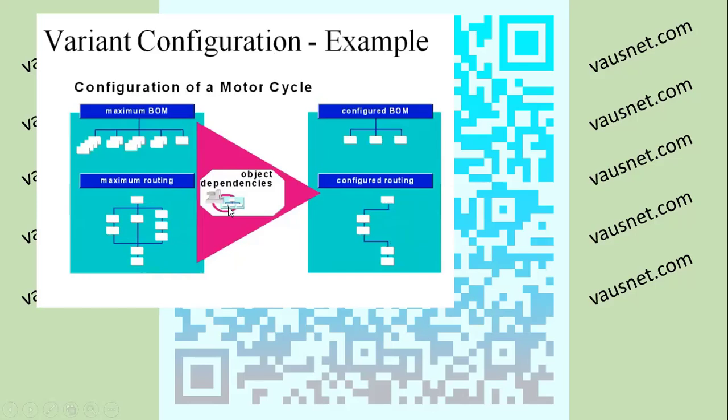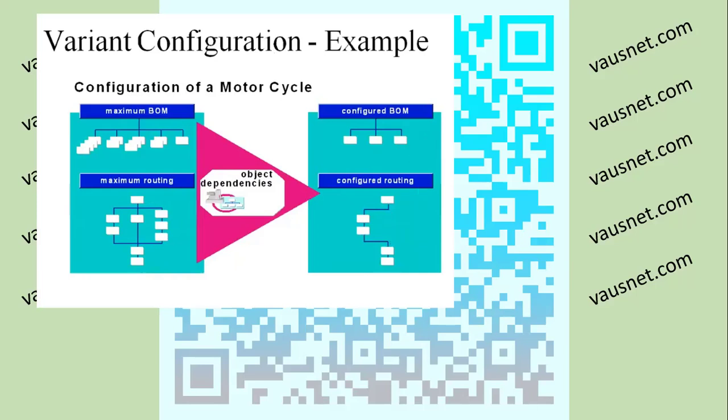And when you have chosen the dependencies, the color, the exhaust, the seat, the engine, the speed, and everything, the accessories, those dependencies are then transferred to configure your bills of material and your routing to produce that sports motorbike.